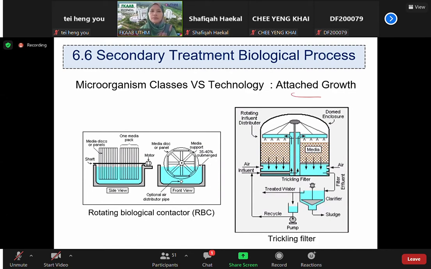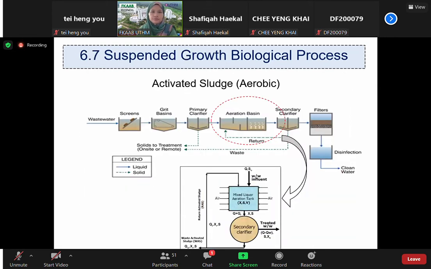So we have suspended or attached growth of the microorganisms. Alright, because in Malaysia, we usually use the concept of activated sludge. So basically, in this secondary treatment, kan secondary treatment ni ada aeration basin. Tadi semua saya terangkan.